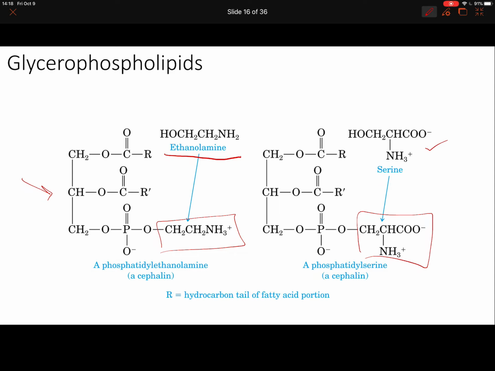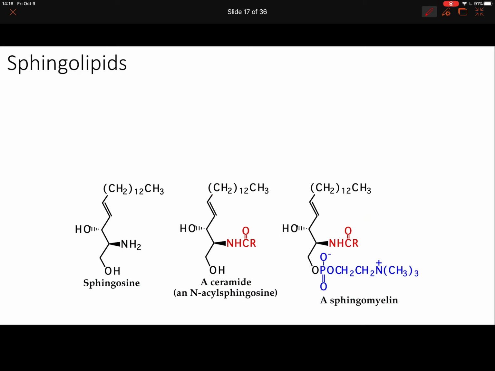I'm even confusing that with another term. Sorry, ceramides I believe have sphingosine in them. So these are cephalins. The one that we looked at previously was a lecithin. I need to get that straight. So lecithins have the choline, and the cephalins have either ethanolamine or serine. And then I was talking about ceramides. I think we're going to get to those with sphingosine.